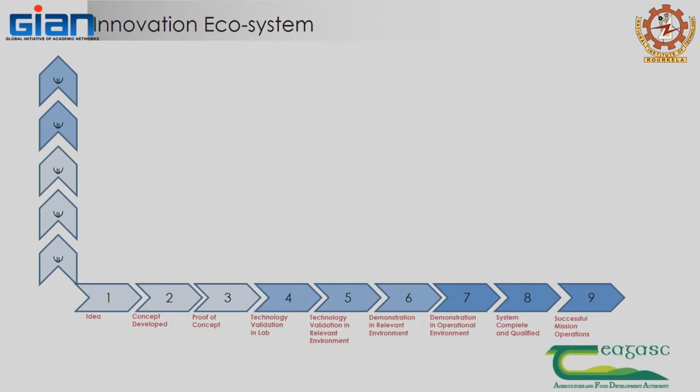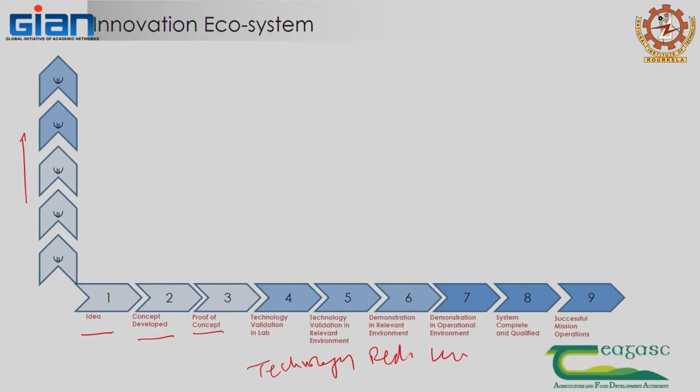Before that, if you go to the ecosystem model, this is money, idea, that is technology, what is called technology readiness level, concept developed. Oh, this works like this, why don't we make this? That becomes the concept. Then you prove that concept.